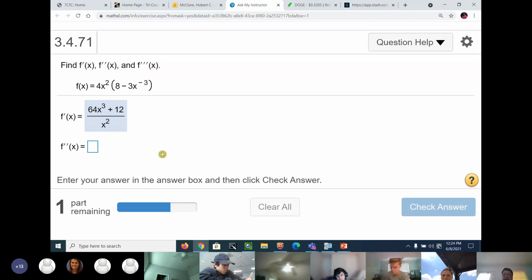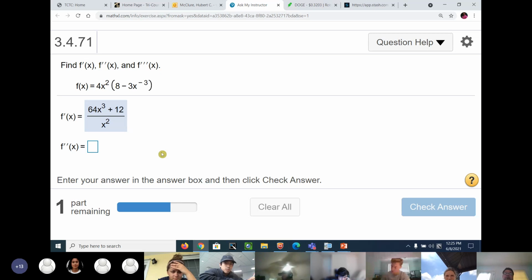So we'll put that in red on my sheet while y'all are writing that down. F prime of x is for the first derivative. F double prime of x is the second derivative. And F triple prime of x is the third derivative.